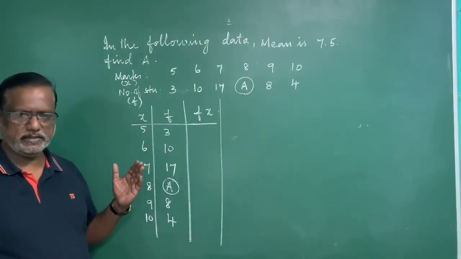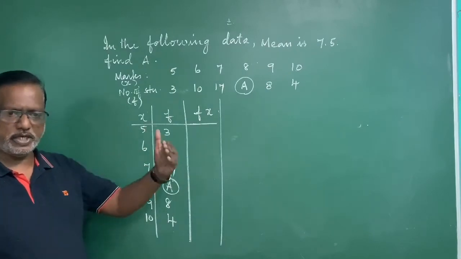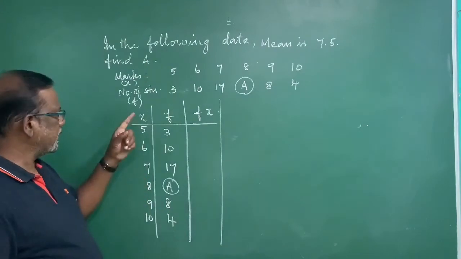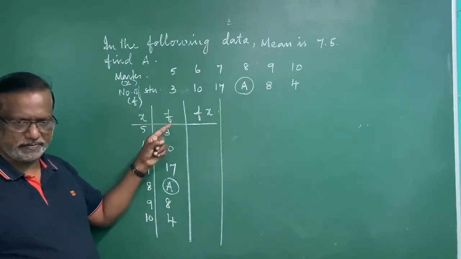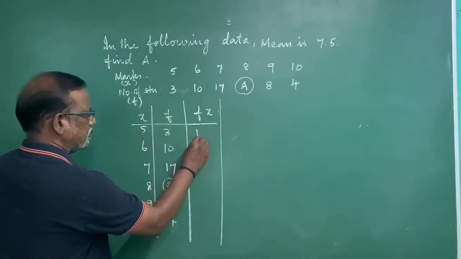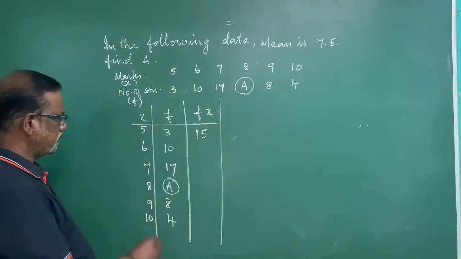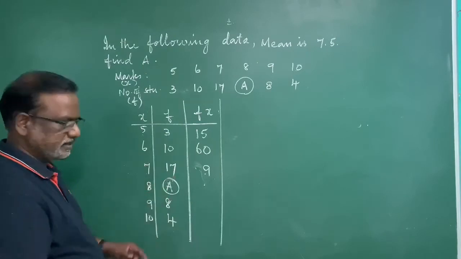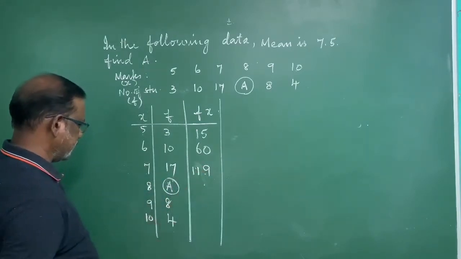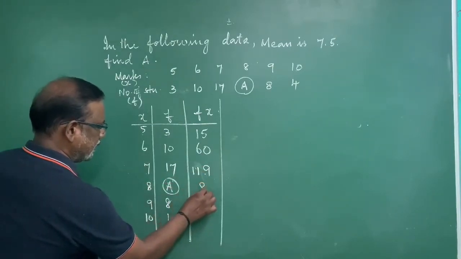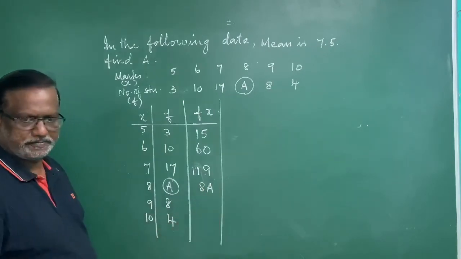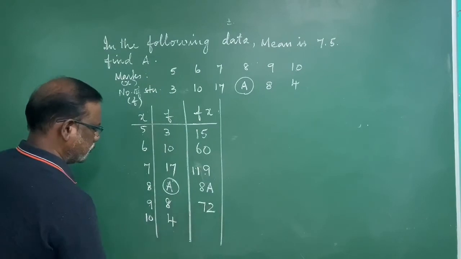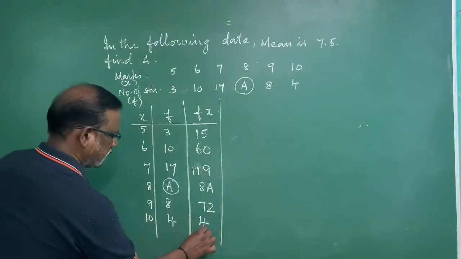Let us find the next column, the fx column, multiplying the x column with the f. 5 3s are 15, 6 10s are 60, 7 17s are 119, 8 into A, 8A, then 9 8s are 72, 10 4s are 40.